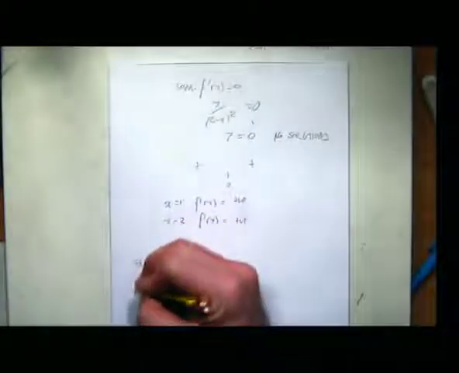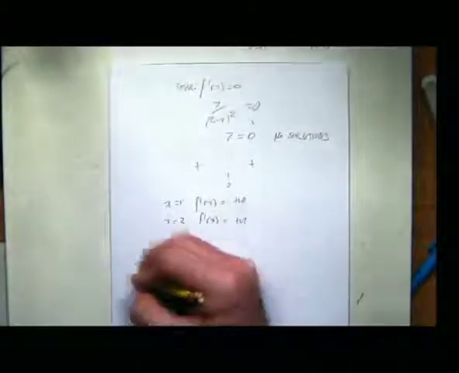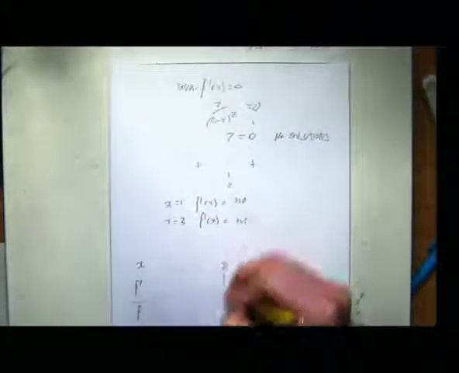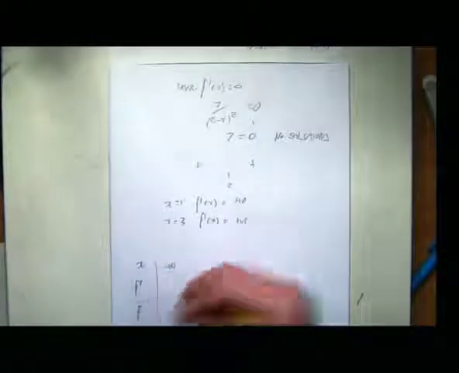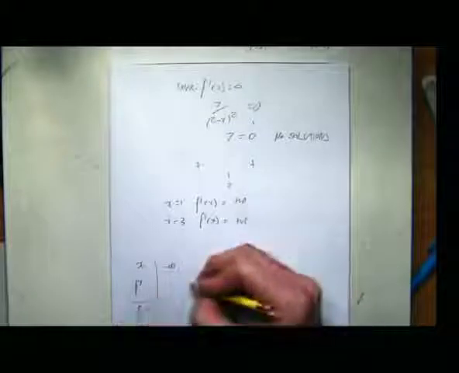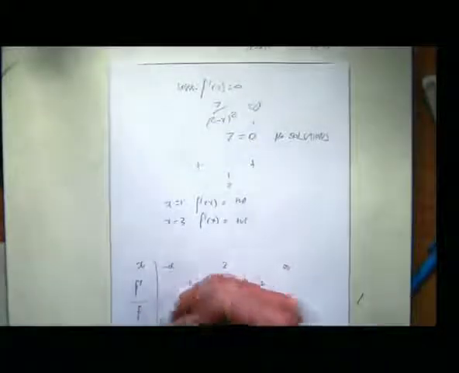F dash, f. And this was 2, minus infinity, infinity. So we know in here f dash is positive, f dash is positive.